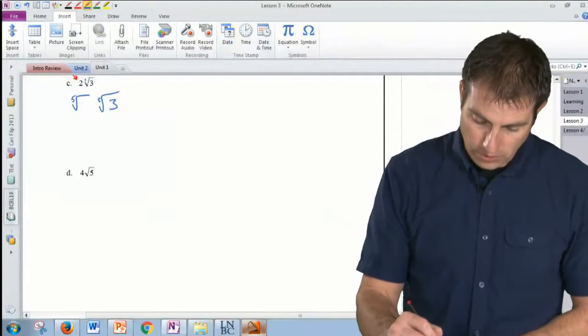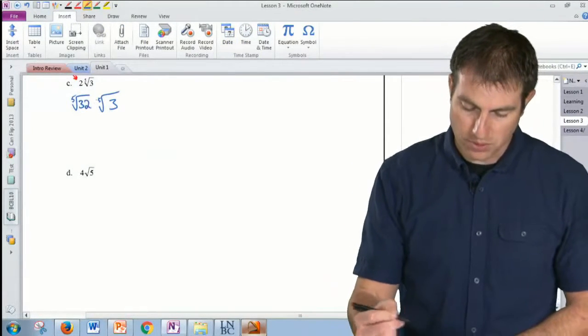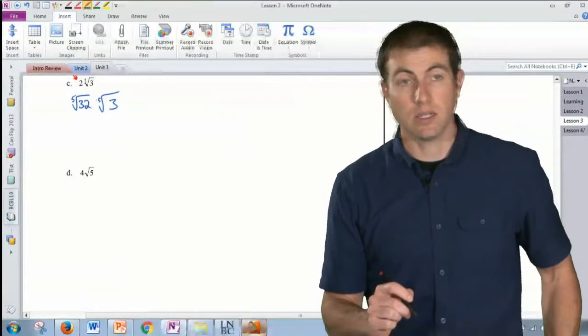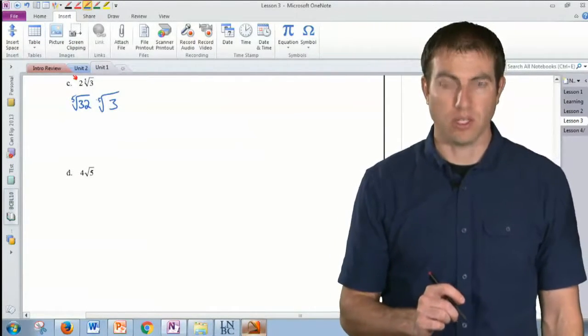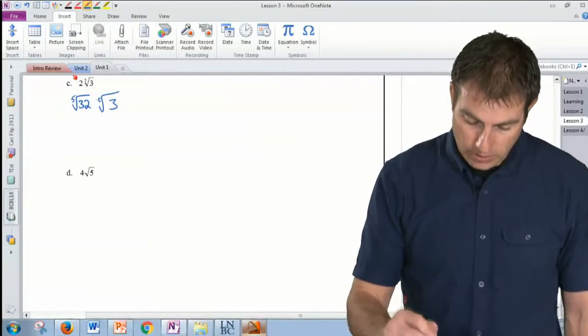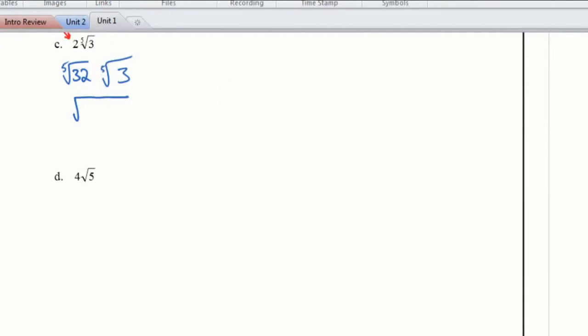All right, so I know that the fifth root of 32 gives me 2. Taylor and Alex both on it, which is really good. And then I can write this as an entire one. So I'm going to put the 5 out front. I have my 32 times my 3. 32 times 3 is going to be 96.